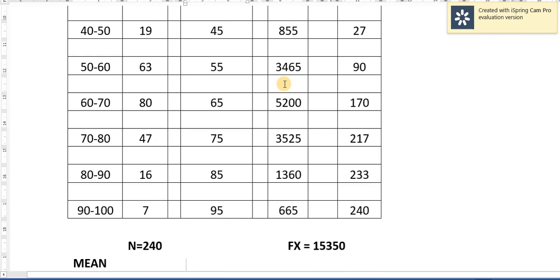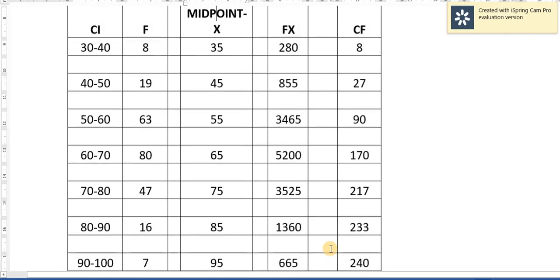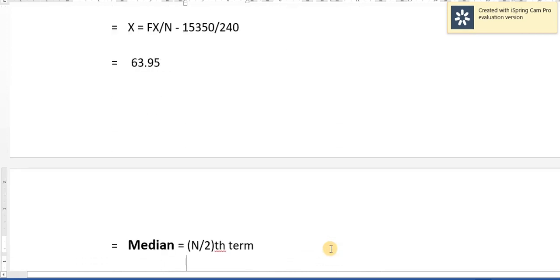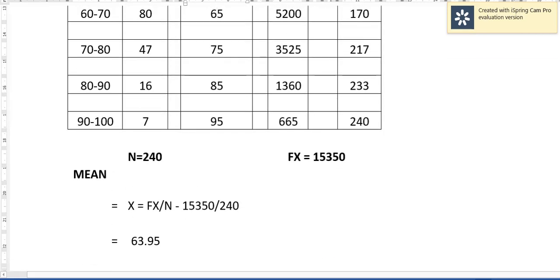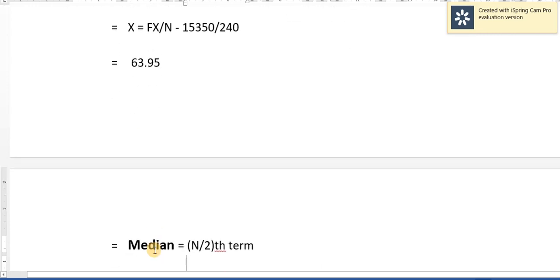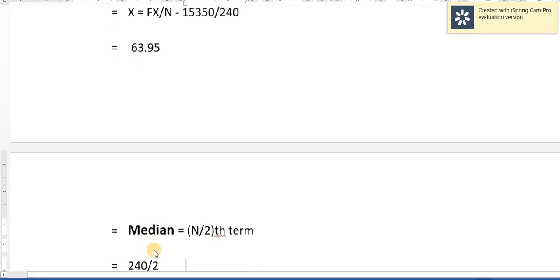Then n is the total of the frequencies. The sigma fx value we already know is 15,350. So x bar is equal to sigma fx divided by n, which is 15,350 divided by 240. The answer is 63.95, almost 64. This is the mean.